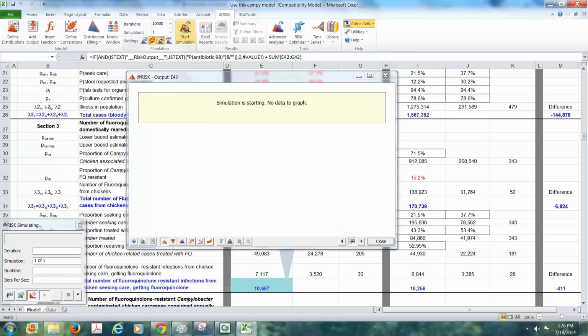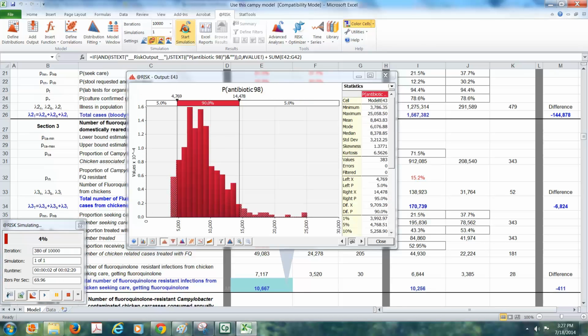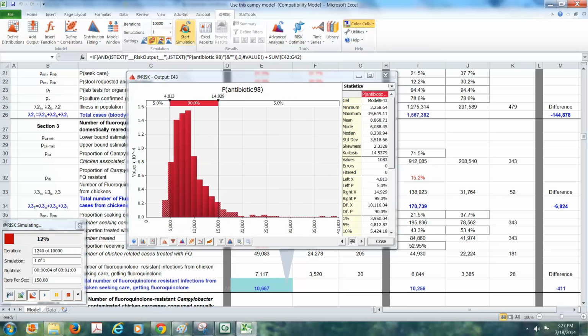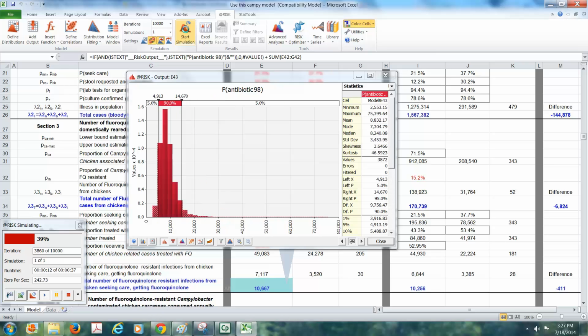And you'll see this come up and it'll begin to calculate. If you look over on the right hand side, the statistics, the minimum and maximum, we're going to keep a little eye on that because what we're trying to do is gauge the magnitude of this problem because we don't know how many people are affected annually.